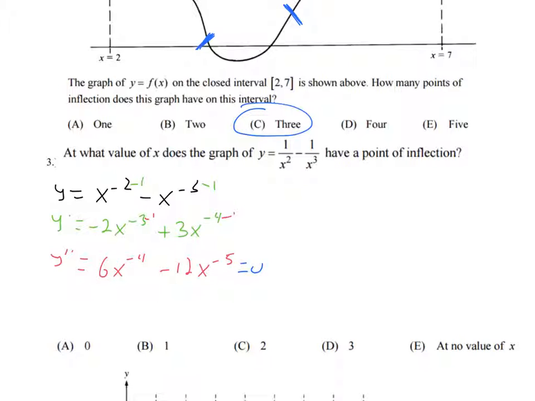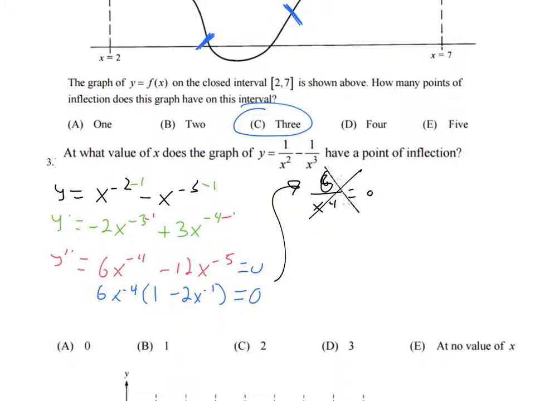Well, let's factor that. Both of them have a 6 and x to the negative 4. I'm left with 1 minus 2x to the negative 1. When will this equal 0? Let's rewrite this so that it is 6 over x to the 4th. When will that equal 0? Well, I can't take 6 and divide it by anything and have it come out to be 0.